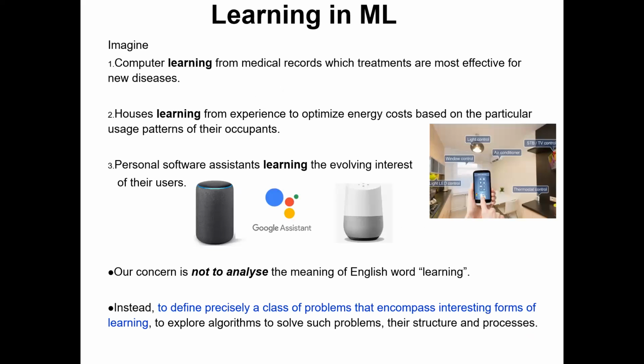So we all know different forms of learning, and consider these examples shown in the slide. A computer learning from medical records, trying to find out the best treatment for a new disease, or a smart home trying to optimize energy cost, maybe electricity or water usage, or even a personal assistant such as Google Assistant, Alexa, Cortana, and Siri, and so on.